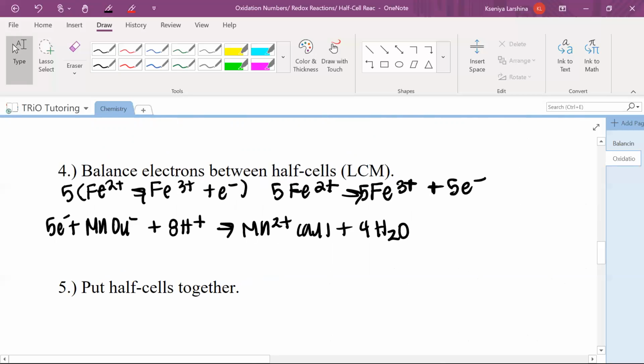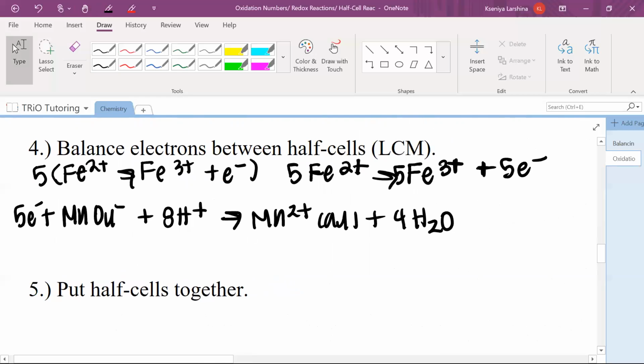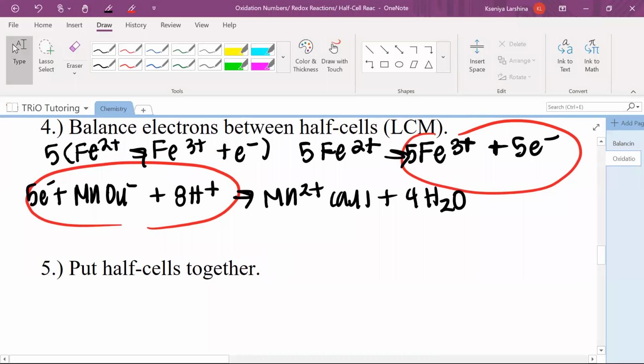Another way you can find out if you're doing this right is if your electrons cancel out once you add them together. One way you can see is if the electrons are on opposite sides of the equations. On our product side, we have our 5 electrons, but on our manganese, we have our 5 electrons on our reactant side. So now you put your half cells together.